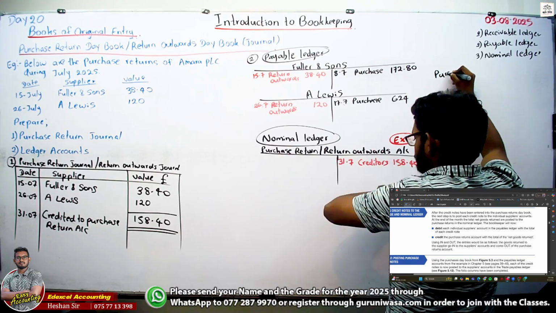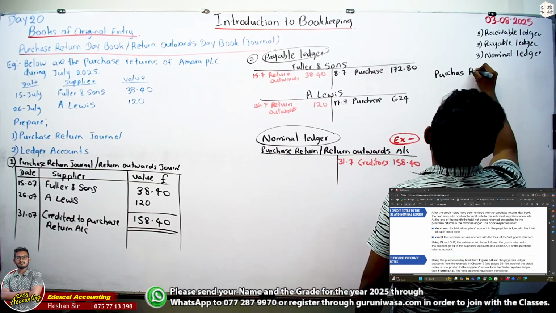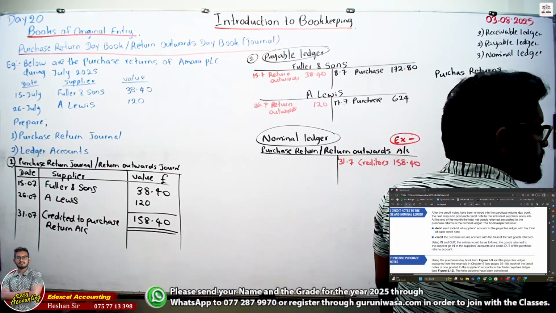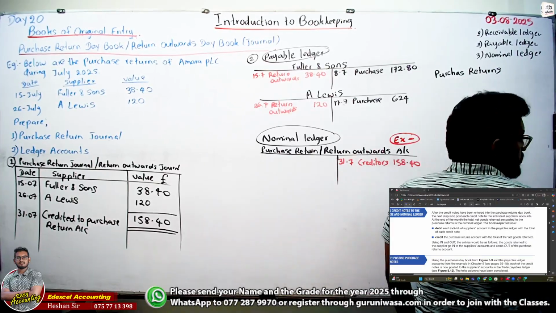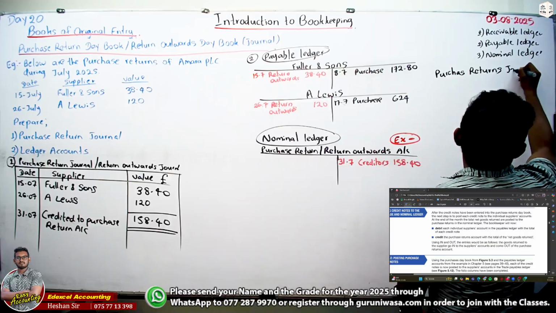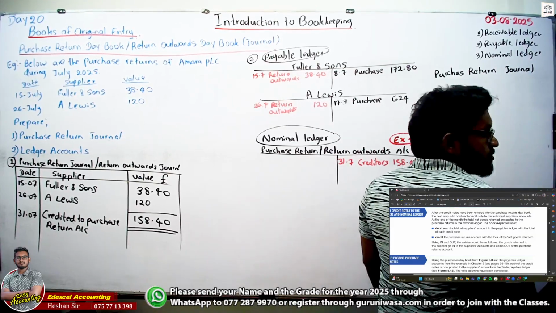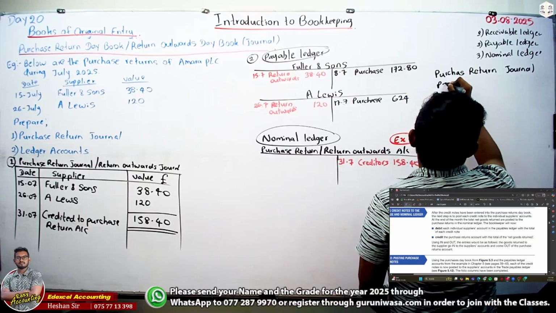Purchase returns, purchase returns journal, posting to ledger. How do we post to the ledger?